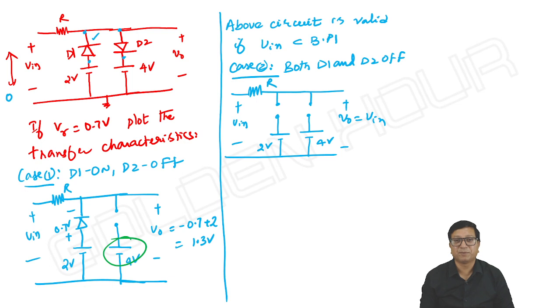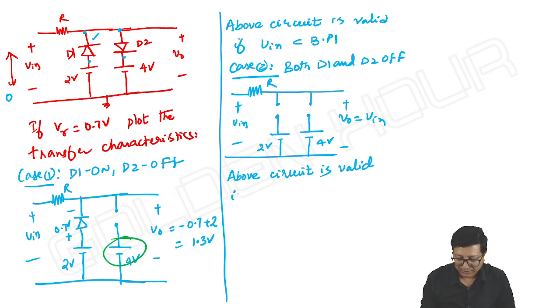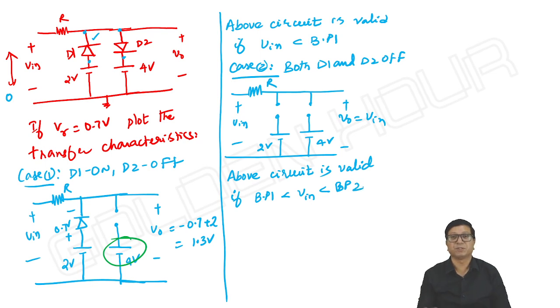This circuit is possible if V input is in between breakpoint 1 and breakpoint 2. Valid if breakpoint 1 is less than V input, less than breakpoint 2. Okay, this case is also fine.